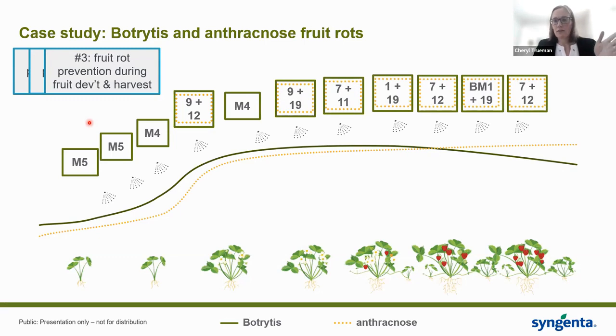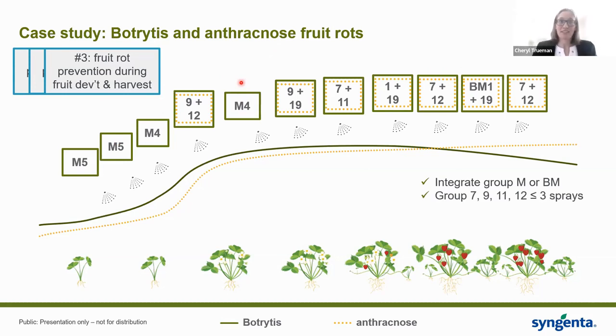In that fruit development and harvest period, we're looking at single sites, but what we're doing here is trying to integrate group Ms and BMs, and looking at group 7s, 9s, 11s, and 12s, trying to limit those to 3 or fewer sprays.